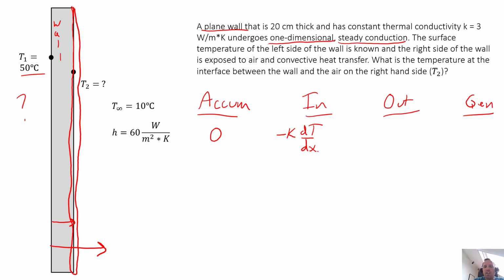This is the flux version of it, and it might be useful to deal with terms of energy rate. So instead of dealing with just flux, let's deal with the rate form, and multiply that by the cross-sectional area of our wall, which would be the height multiplied by the width: the height in the z direction and the width in the y direction. We don't know anything about the actual dimensions of those, so we're just going to keep A in there as a placeholder.